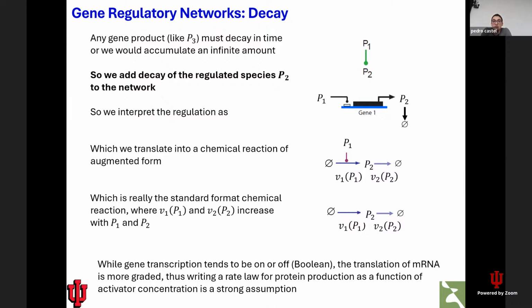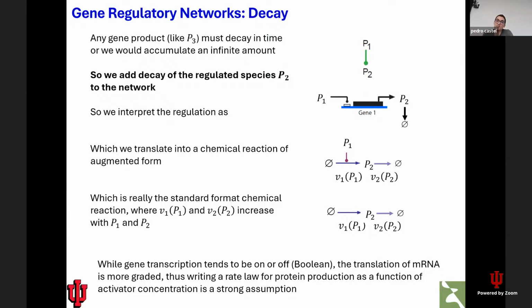And yeah, it should. But sometimes you're building your network in such a way that P1 is an external signal. So you care about a certain level of P1 and what is the result of fixing that P1 level at a certain value. So sometimes you always want to keep it as simple as possible.